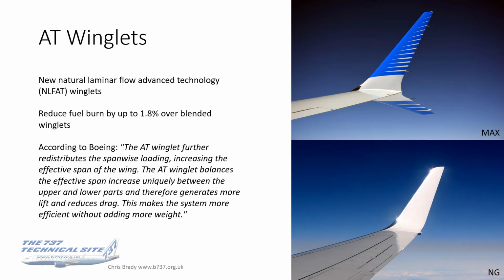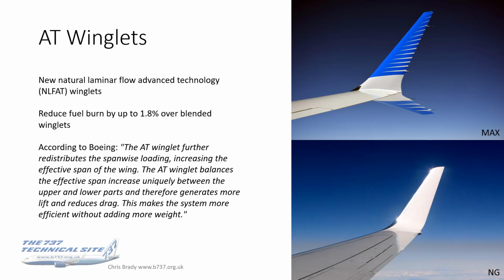That's the new look of the Max on the upper picture there, standing for Advanced Technology, or to give it its full name, Natural Laminar Flow Advanced Technology winglets. These are said to reduce fuel burn by up to 1.8% over blended winglets. Probably a bit less than over the split scimitar winglets, but I'm sure there will still be a decent fuel saving.